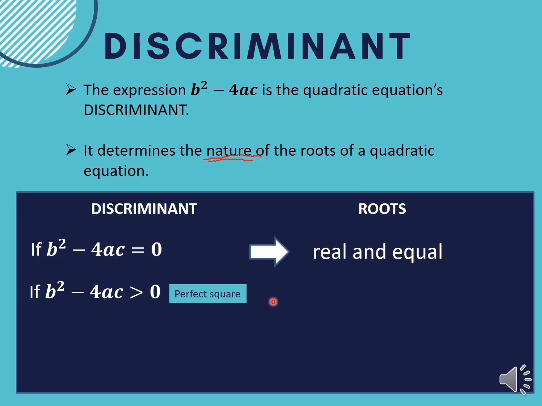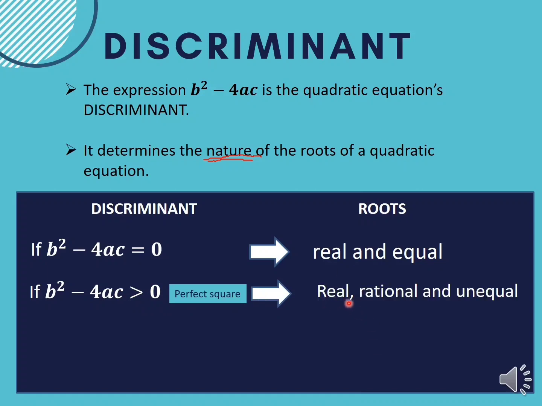Those are perfect square numbers. Paano ba natin nalalaman yon? If there is a number that when multiplied by itself will result in that given number, meaning it is a perfect square number. Kagaya ng 4, that is 2 times 2. So, ang 4, perfect square. Ang 25 is also a perfect square since ang 5 times 5 is 25. Ganun po yung malalaman.